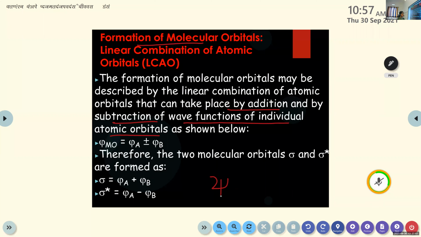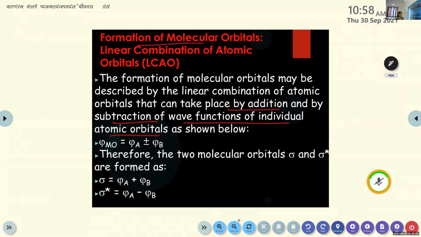This is also known as atomic orbital or wave function. So the combination of wave functions of individual atomic orbitals will produce the molecular orbitals. So we can write the equation psi MO, MO means molecular orbital, that is equal to psi A plus or minus psi B.